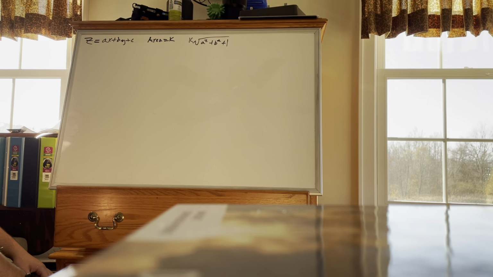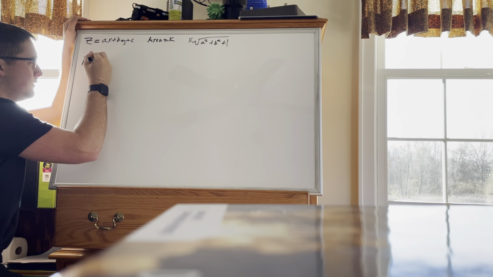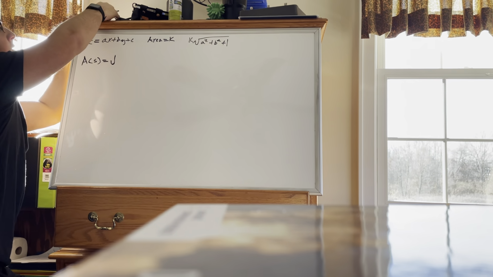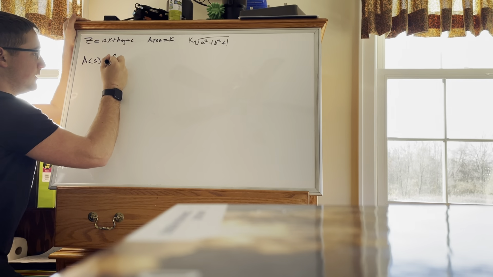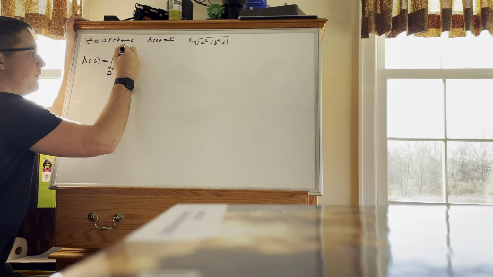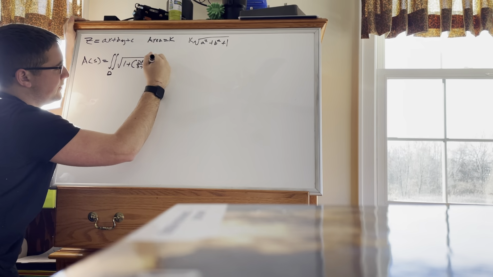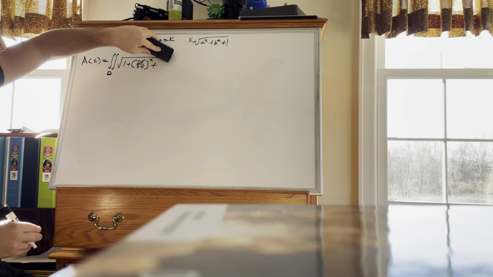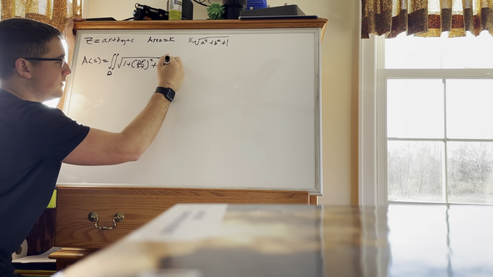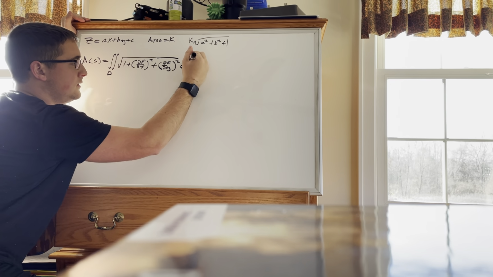So what we're going to do here is first use our equation from surface area: S is equal to the double integral over our region D of the square root of 1 plus the partial derivative of f with respect to x, squared, plus the partial derivative of f with respect to y, squared, dA.